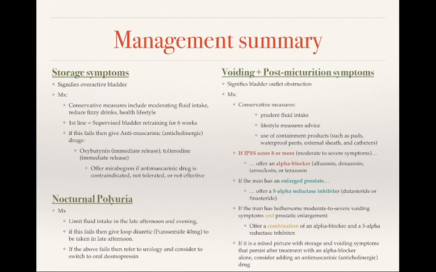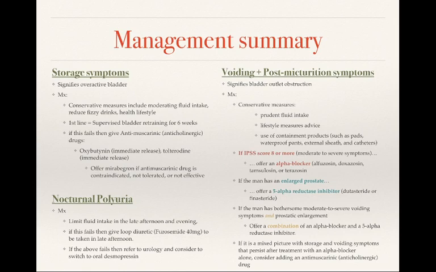For patients with voiding and post-micturition symptoms, this signifies that they have a bladder outlet obstruction, i.e. BPH. Similarly, you can conservatively manage them first, and you would only medically manage them if their IPSS score is 8 or more, i.e. moderate to severe symptoms, and in this case you would offer them an alpha blocker, such as tamsulosin.